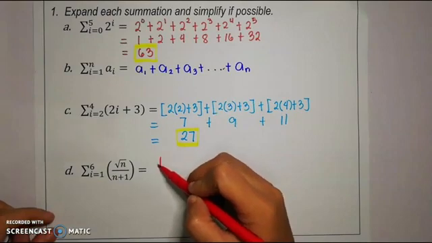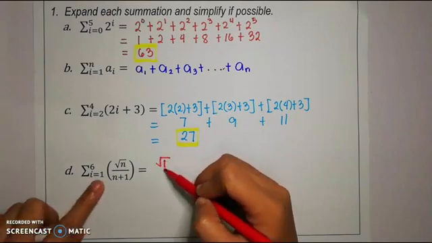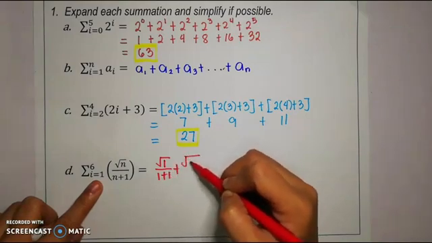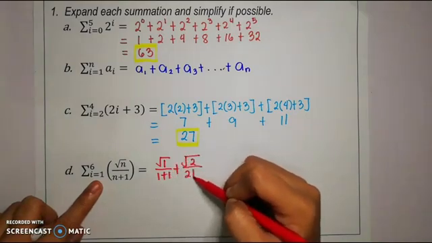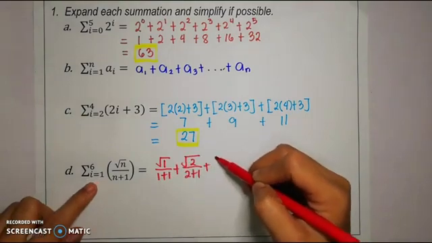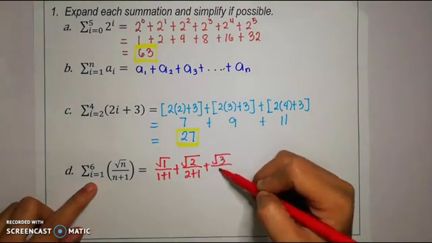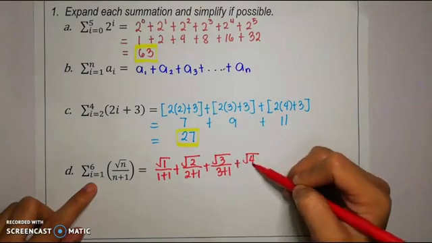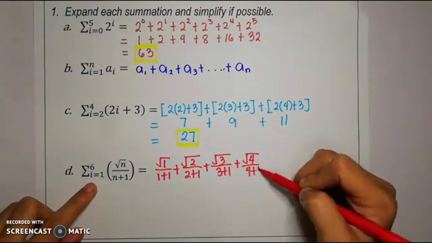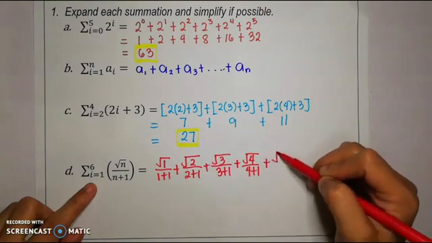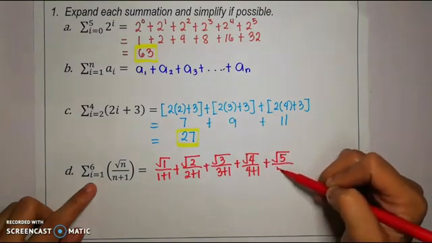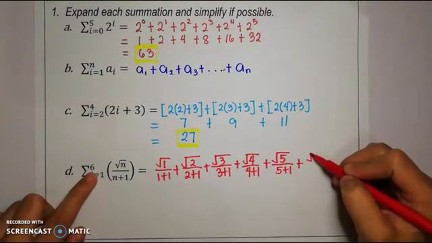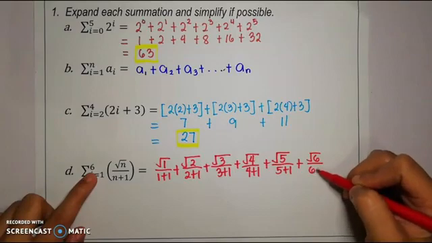So we have square root of 1 over 1 plus 1 plus the square root of 2 over 2 plus 1 plus the square root of 3 over 3 plus 1 plus the square root of 4 over 4 plus 1 plus square root of 5 over 5 plus 1 and until square root of 6 over 6 plus 1.